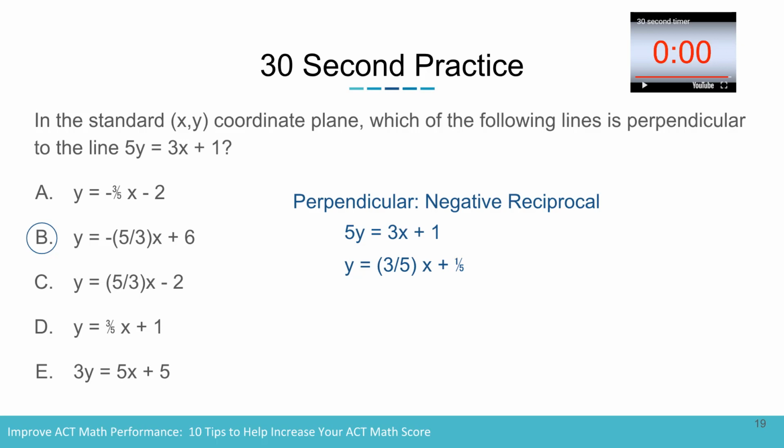So we divide everything through by 5, and that's going to give us this slope of 3/5 for the line that we're given. We said that the slope of the perpendicular line is the negative reciprocal. So that means we're going to put the negative sign in front and flip that fraction to make it negative 5/3. So then we go back through, we look at our answer choices, and we're looking for the answer that has the slope of the line that is negative 5/3.